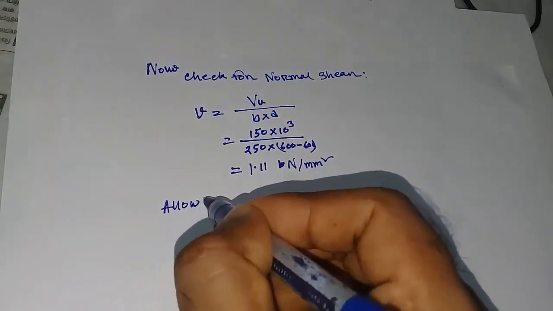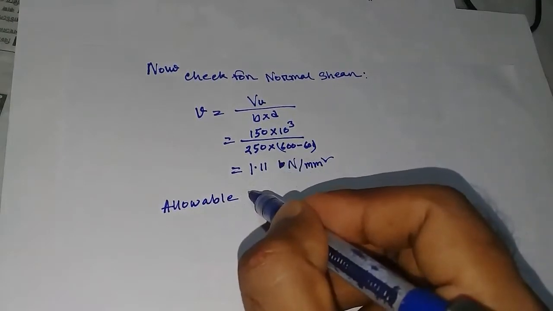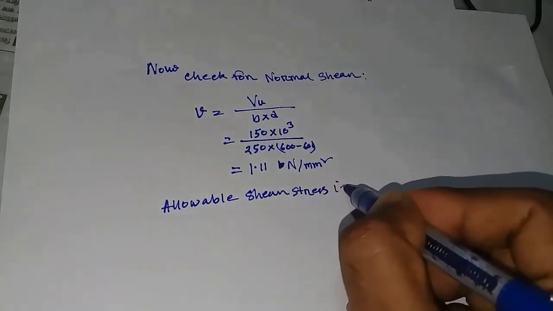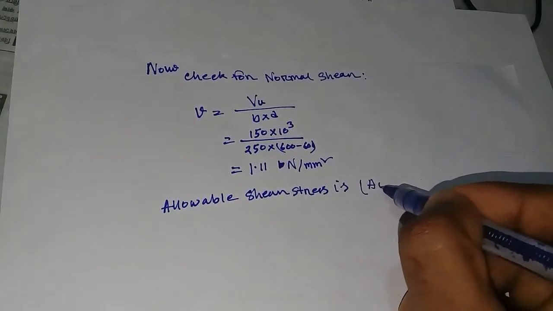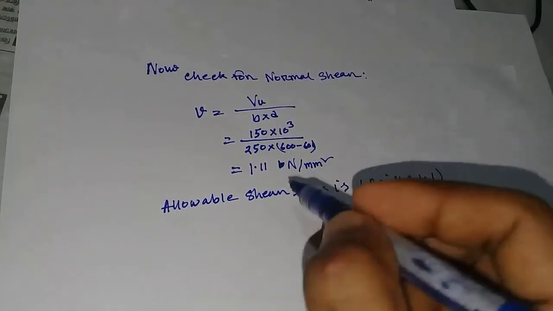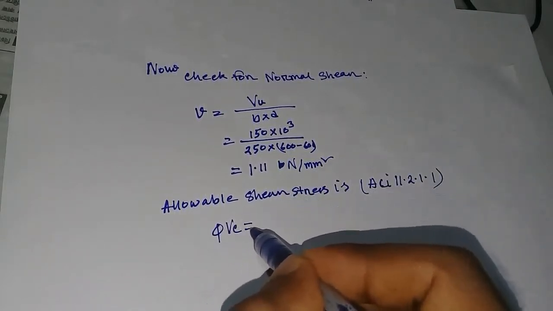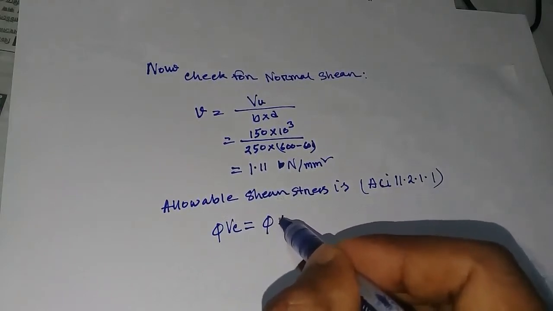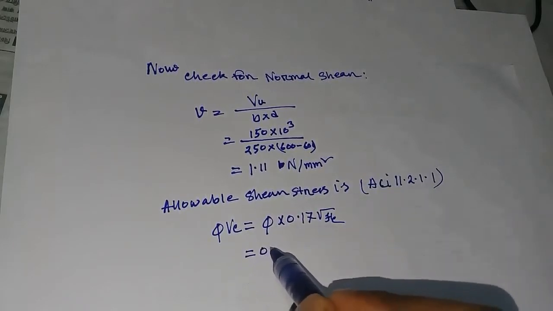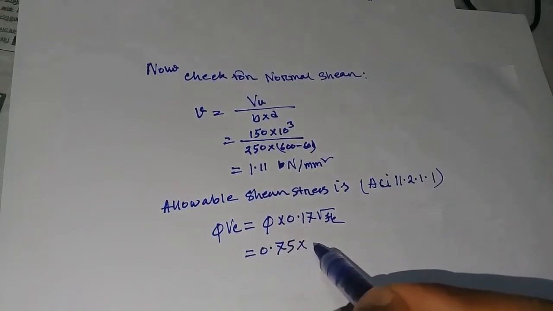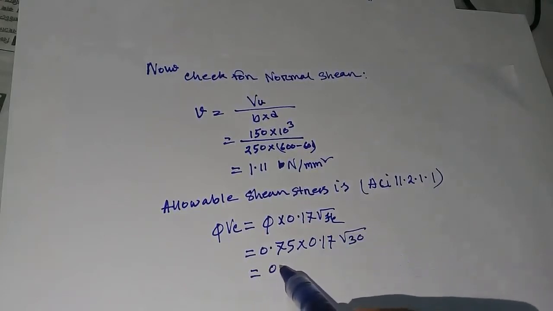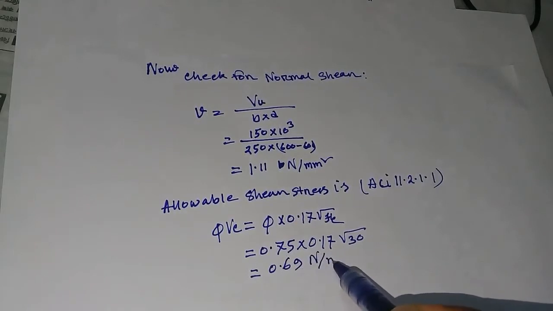Allowable shear stress is ACI 11.2.1.1: phi Vc equals phi of 0.17 root over f prime c. 0.75 into 0.17 root 30, that comes 0.69 Newton per millimeter square.